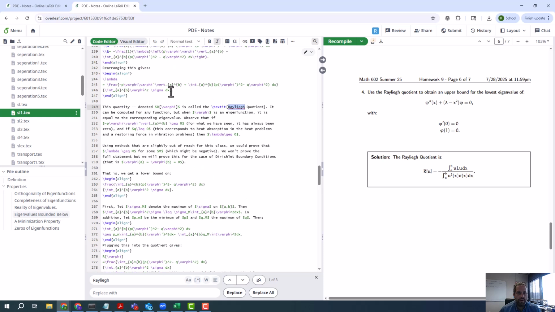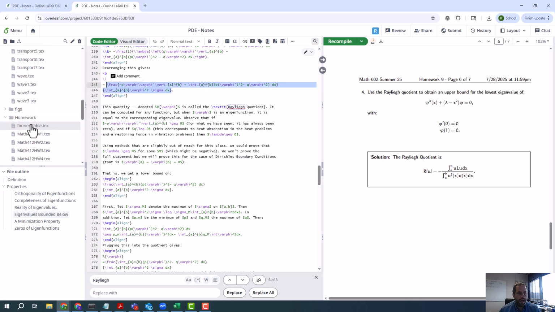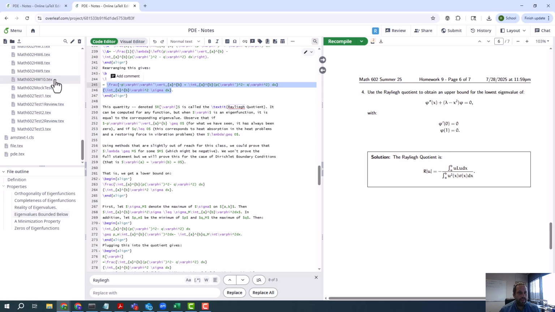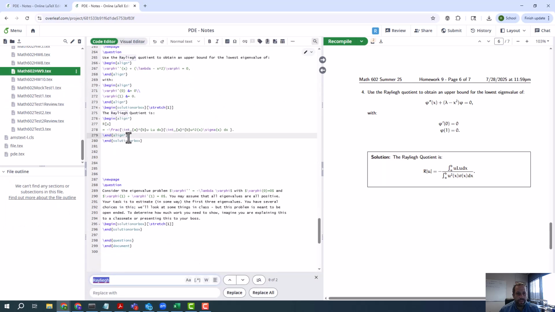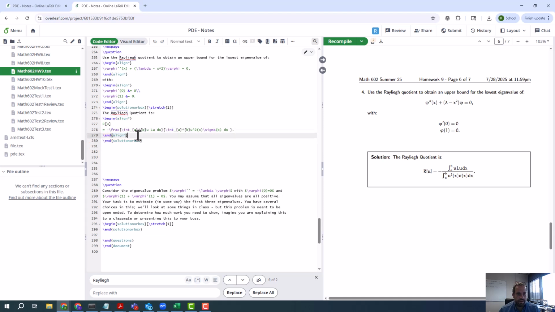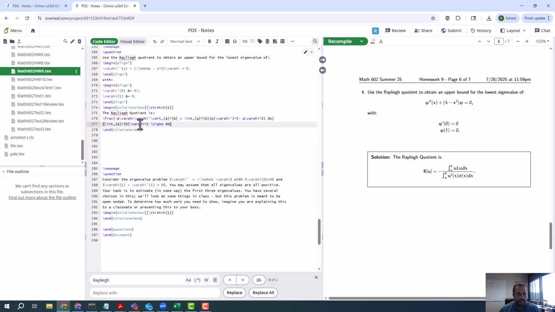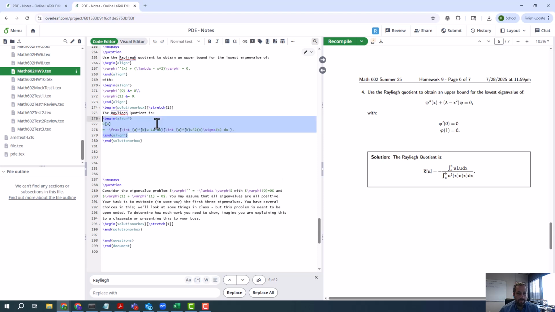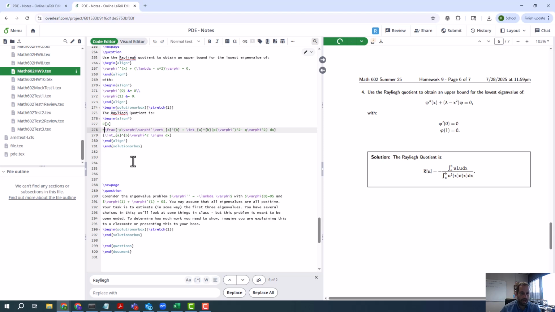This is what we want. And we're going to be able to simplify this greatly due to the boundary conditions. Alright, we have this. Here we go, I need an equal sign.